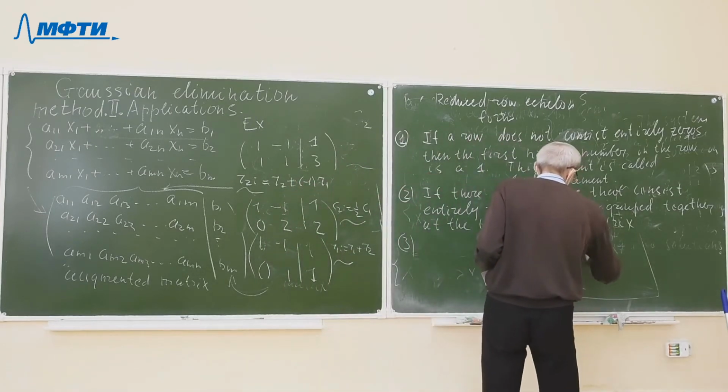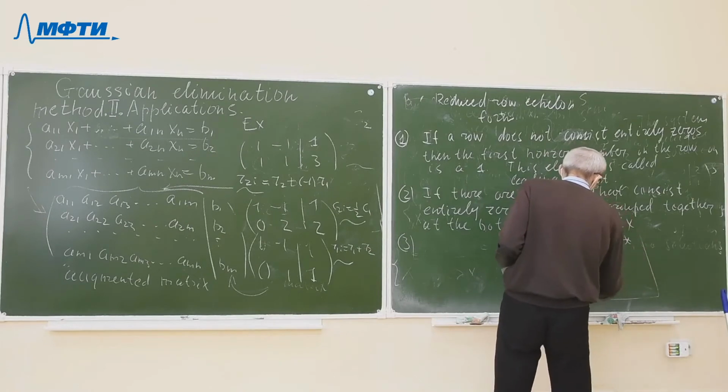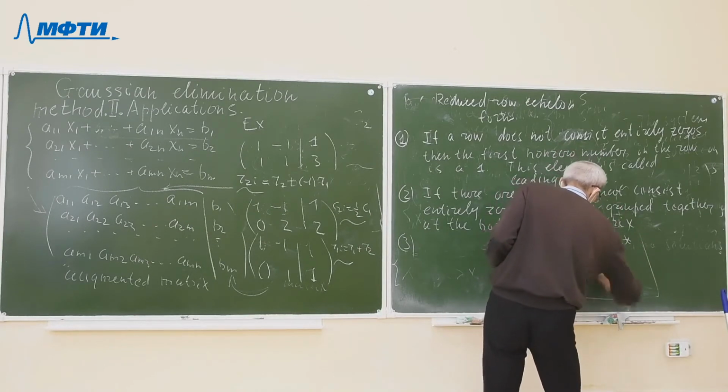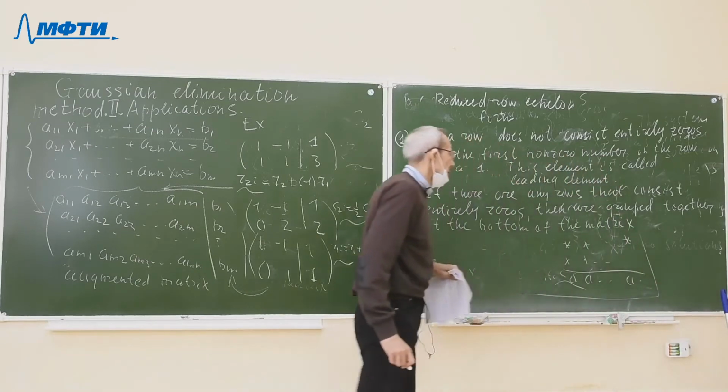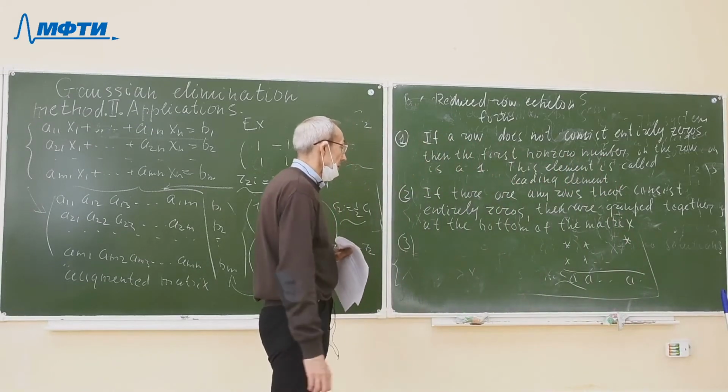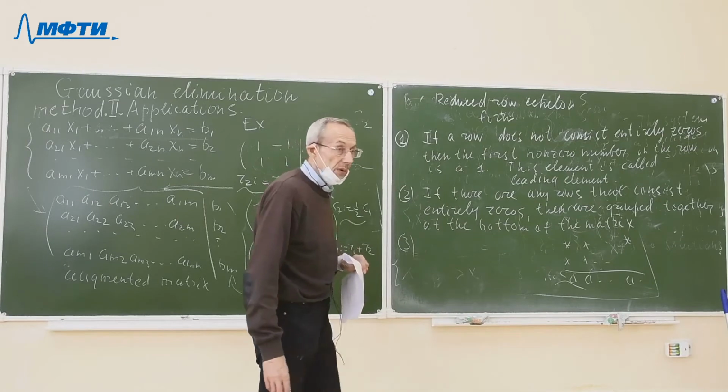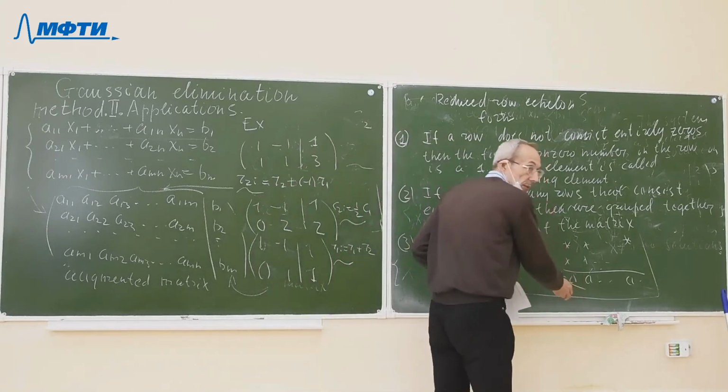If we have some matrix in row echelon form, the rows which consist only of zeros are grouped at the bottom of the matrix.